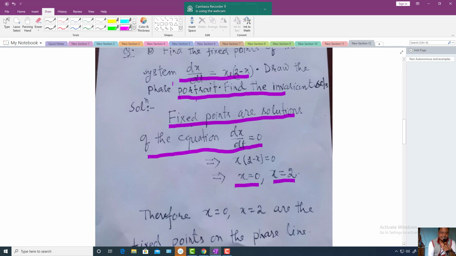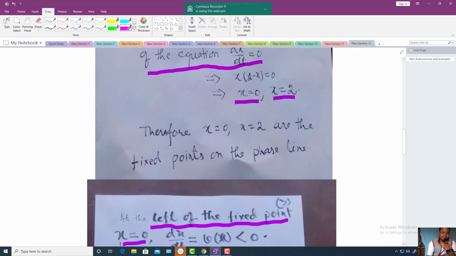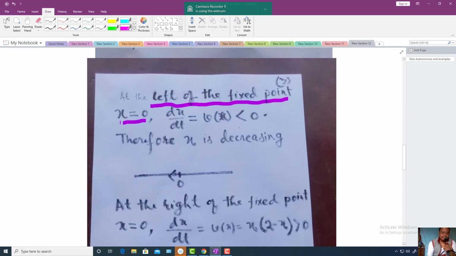From elementary calculus, positive would mean x is increasing, and negative means x will be decreasing. So x will be decreasing means, with 0 here, on the left the value of x will be decreasing, so the motion or dynamics is in this direction.